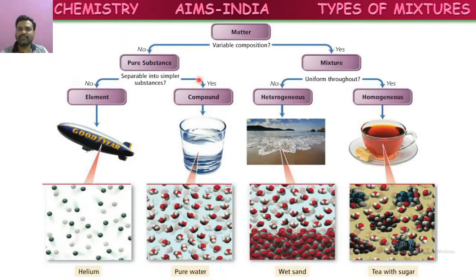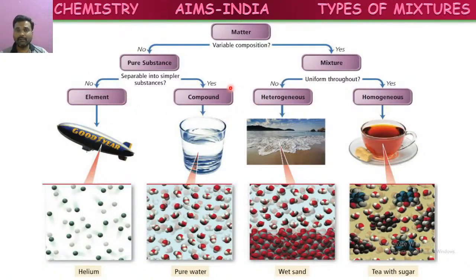If it is made up of only one kind of molecules, then it is said to be a compound. And there you have to understand one thing: if the molecule is made up of different atoms, then that is said to be a compound. If that compound contains only one kind of molecule, then it is also a pure substance. So pure substances are of two types: elements and compounds. If it contains only one kind of atoms, it is an element.